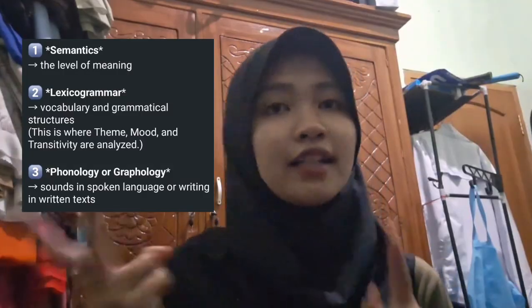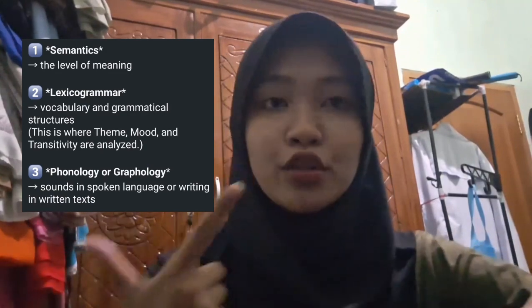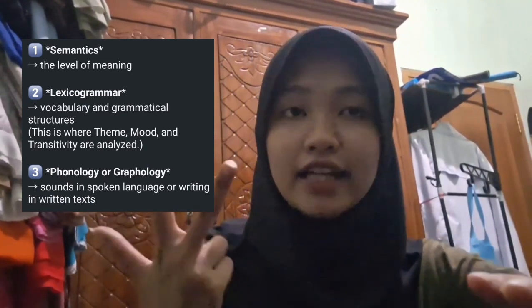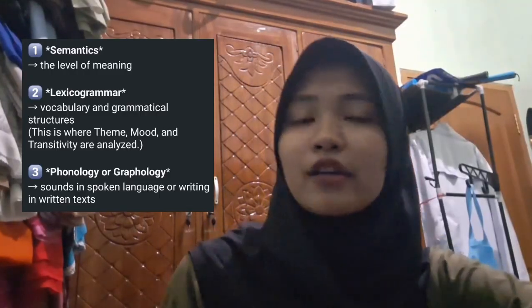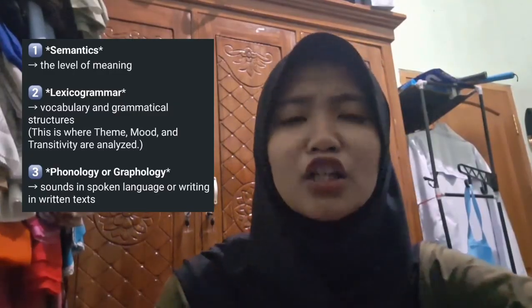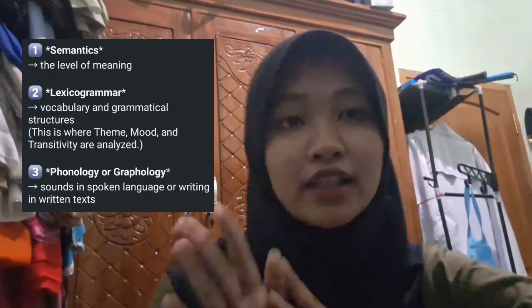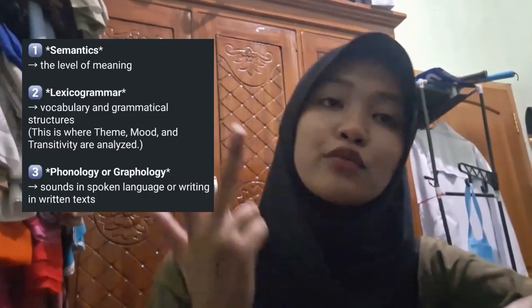Then there is lexicogrammar, or vocabulary and grammatical structures, where theme, mood, and transitivity are analyzed. And the last is phonology and graphology, which is sound in spoken language or writing in text. This means that meaning is first created at the semantic level, then realized through grammar, and finally expressed through sound or writing.